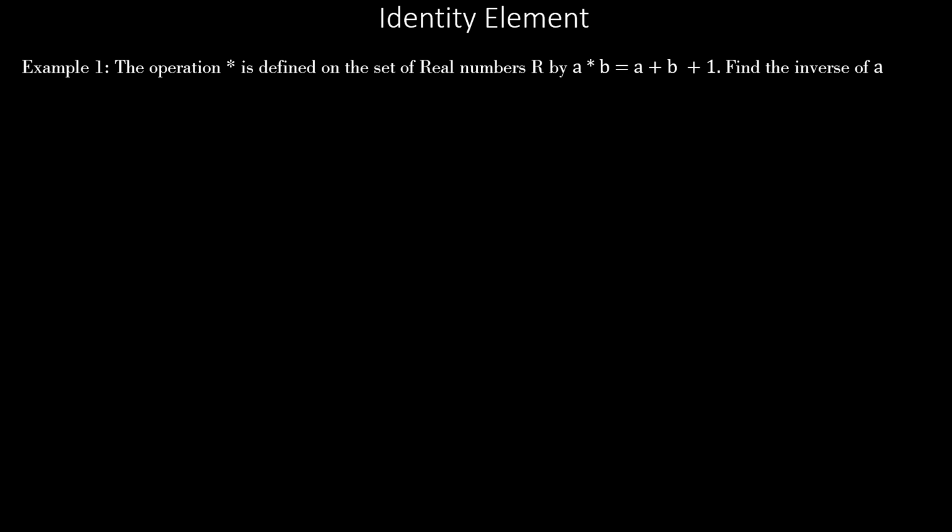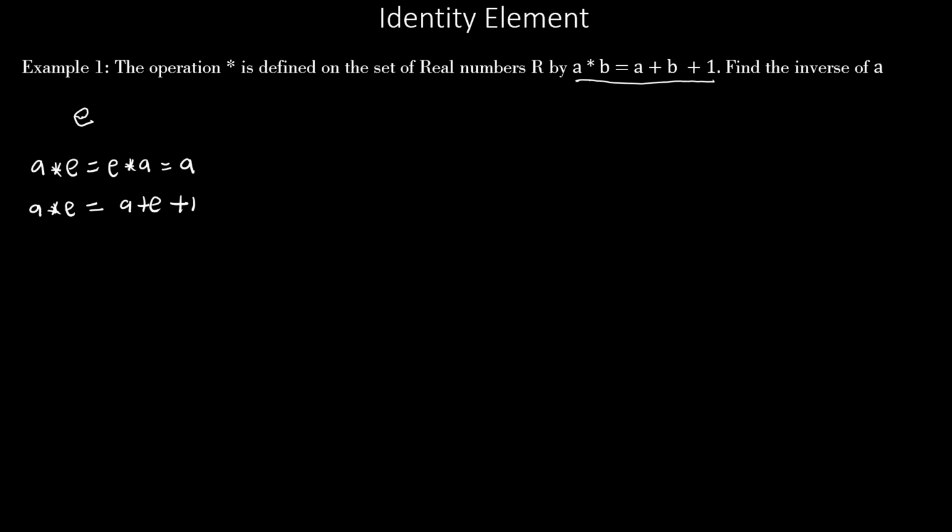Before we can get the inverse, we have to look for the identity element. And to get the identity element, we have a asterisk e must be equal to e asterisk a must be equal to a. So considering a asterisk e, we have a plus e plus 1 when we relate this with the definition for the operation.